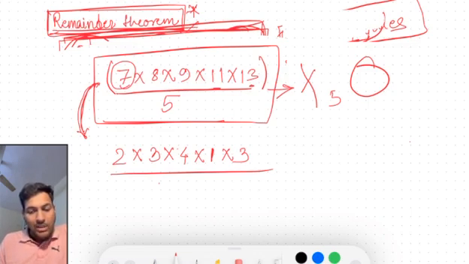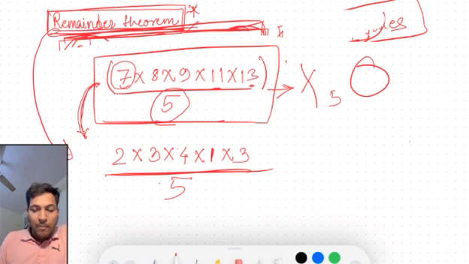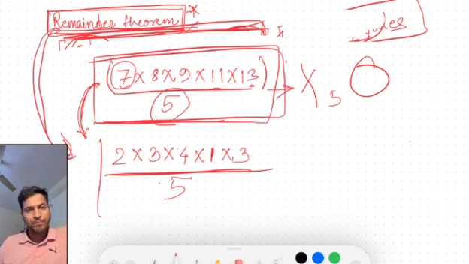I have replaced each of these numbers with their remainders when divided by 5. The remainder rule says that the remainder in this case and in the original case will be the same.